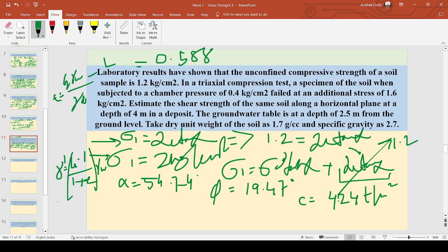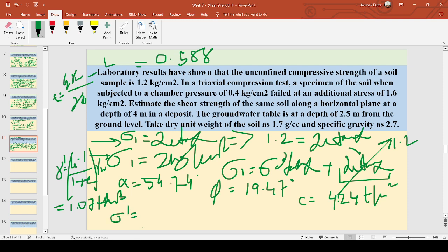The value of gamma submerged is equal to 1.07 ton per meter cube. So in this case, we can find out the effective stress sigma dash.